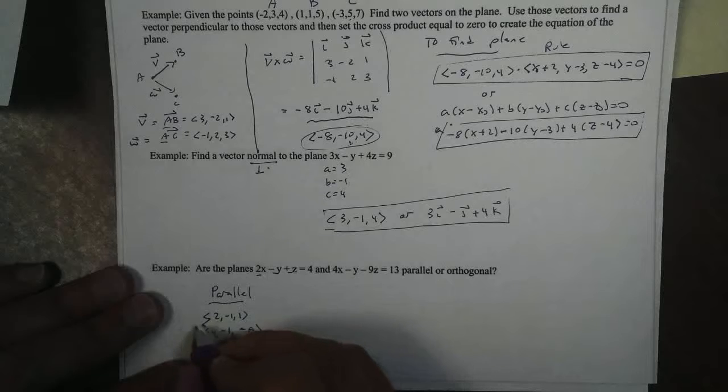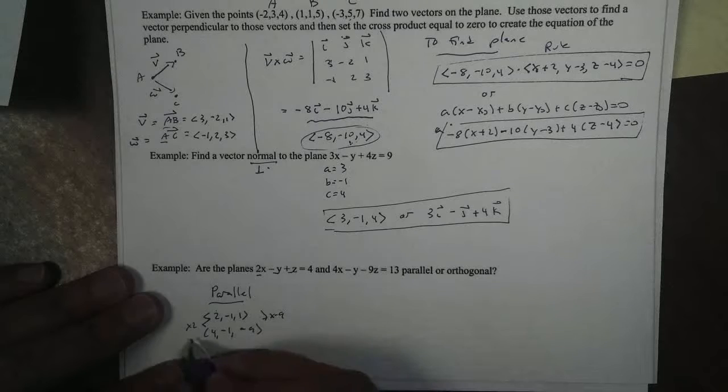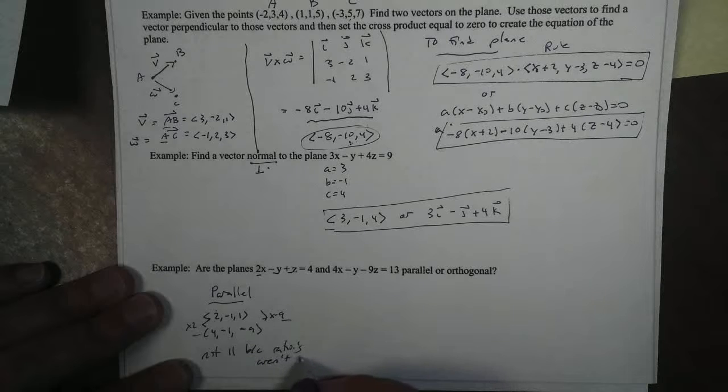Notice, here I'm multiplying by 2, since 2 times 2 is 4. But here I'm multiplying by negative 9. So those aren't the same ratio. So these are not parallel, because the ratios aren't the same. Now that's not the only way to do it, but it's a quick way.